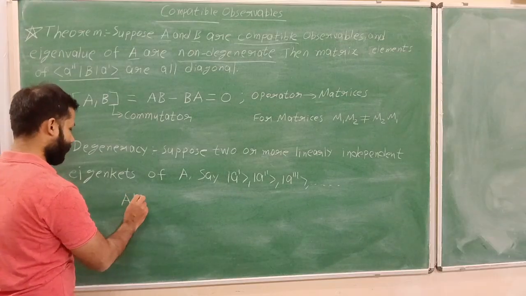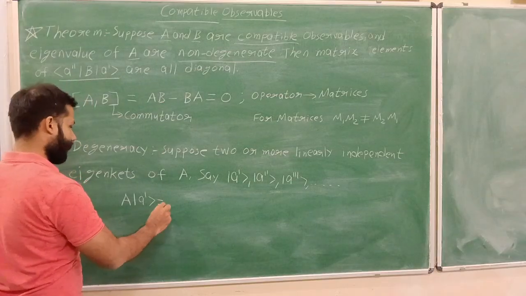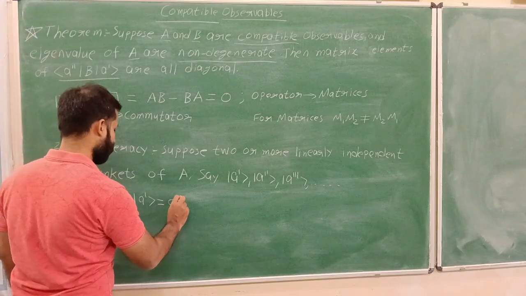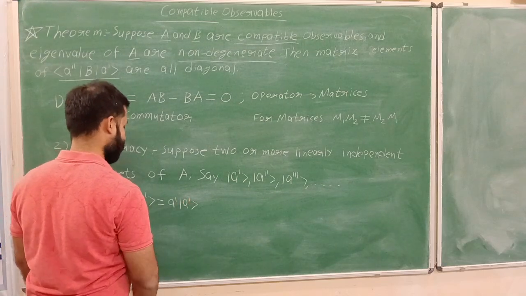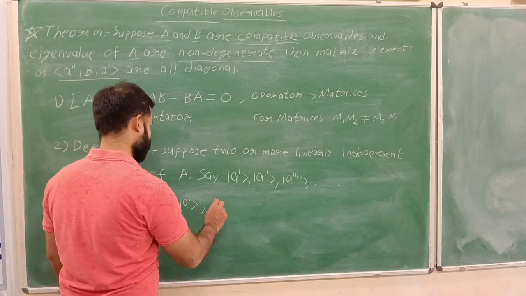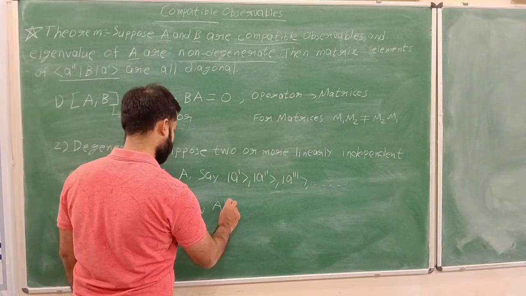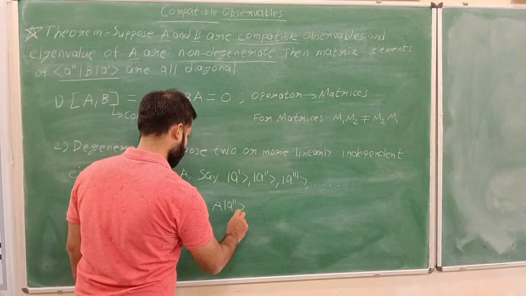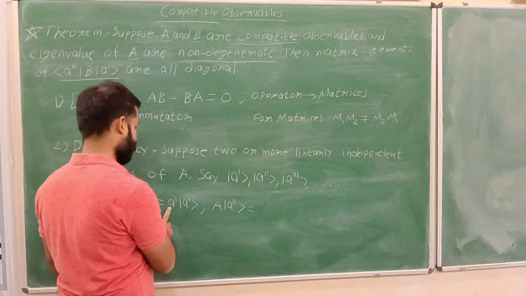When I operate operator A on its eigenket, in return I get some eigenvalue and the same vector, the eigenket, again. Let's say taking another eigenket, but this time I am coming back with the same eigenvalue.